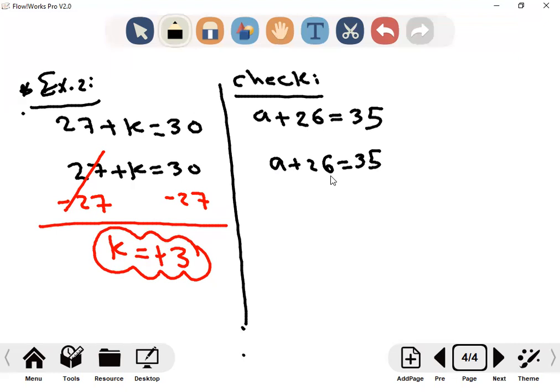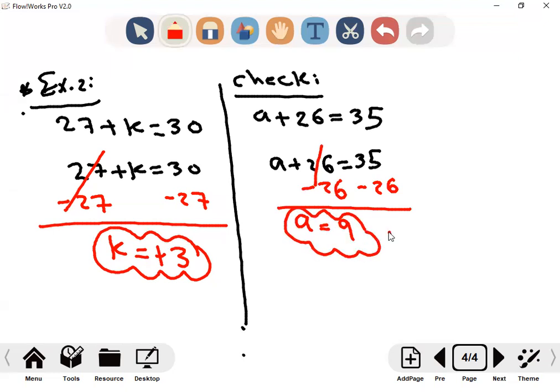How does this 26 go away? Subtract 26. If we have a plus 26, we subtract 26. If we have minus 26, we add 26, so that it becomes 0. So here I will subtract 26 from both sides. Now these are gone. Still a equals 35 minus 26, which is 9.